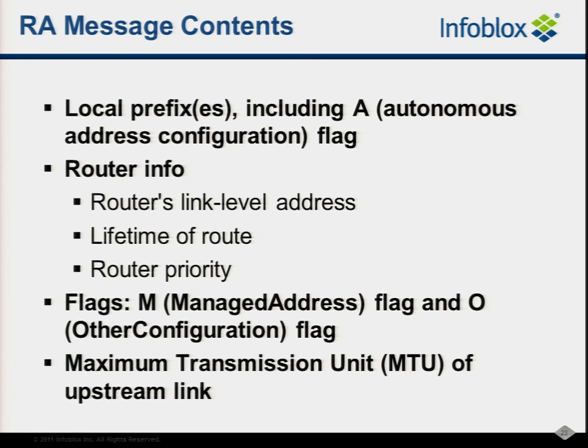Actually, what it says is that the M flag is on, the O flag is no longer relevant because no one sane should ever have M on and O off. Unfortunately, there is a company who actually followed the protocol spec exactly. And if you set your RA to M on, O off, it will do exactly that with all of its clients. So, for best practice, if you turn M on, you should always turn O on, even though it's really noise.